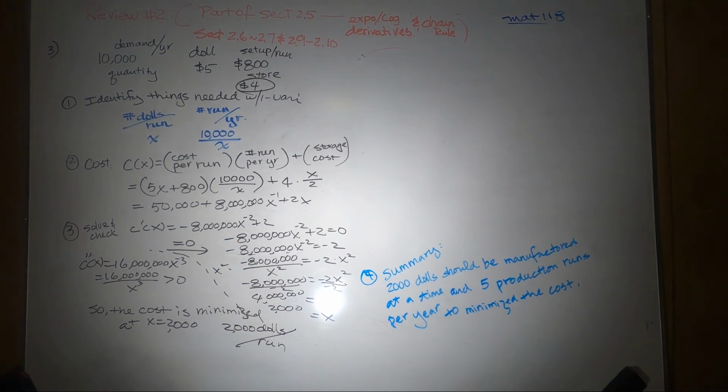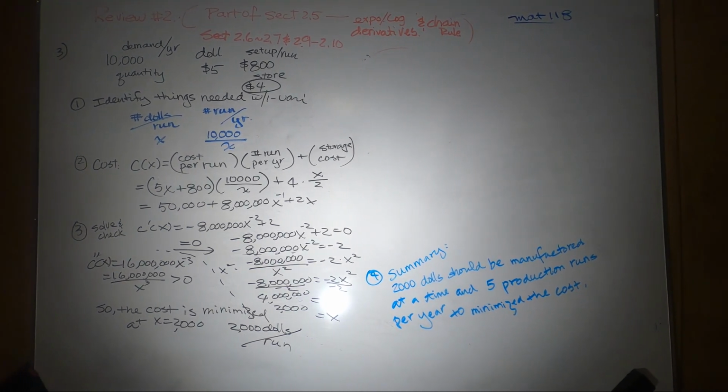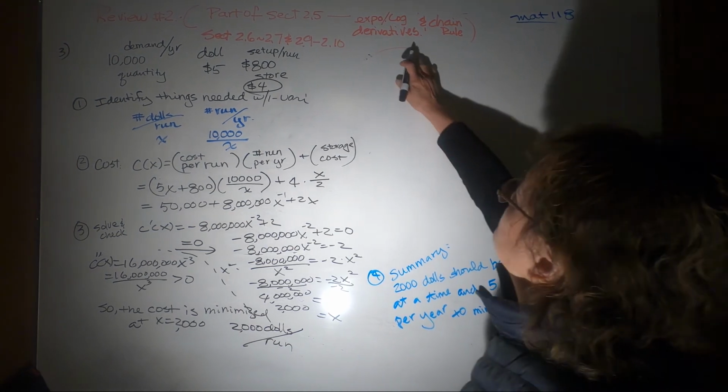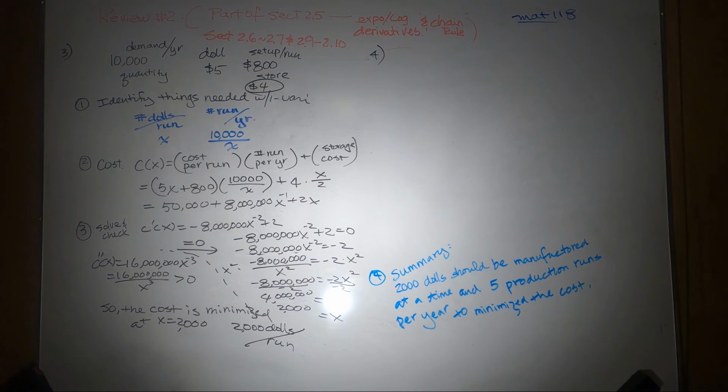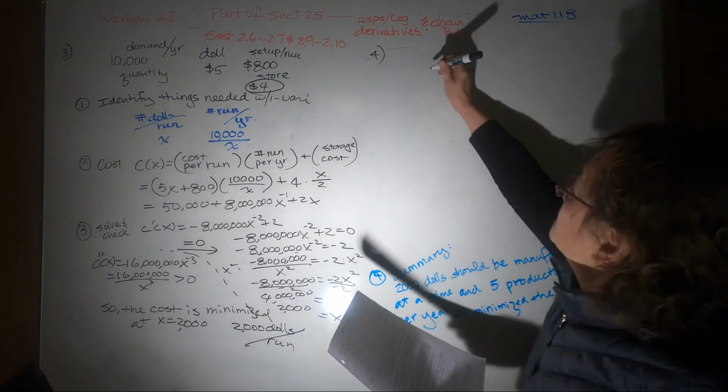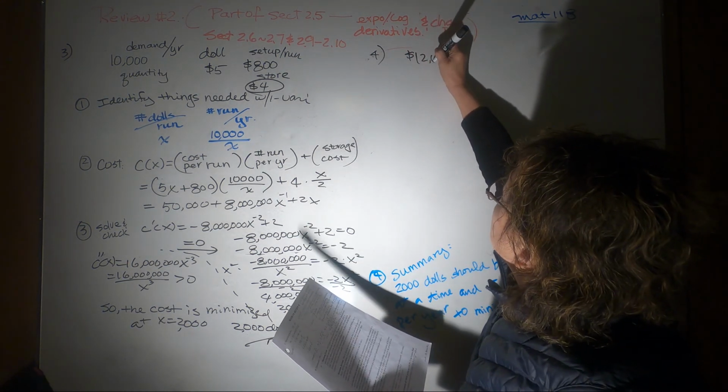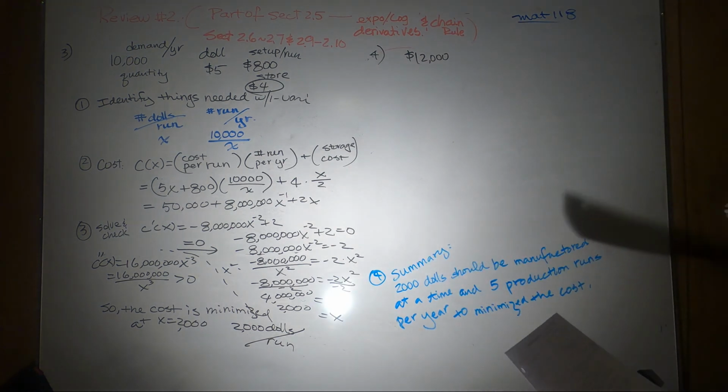Let's look at the next one. You will have one of those questions on your test as well. We need to practice elasticity of demand. Okay? It says an automobile dealer is selling cars at a price of what? $20,000.